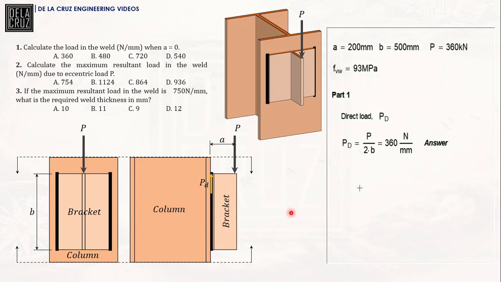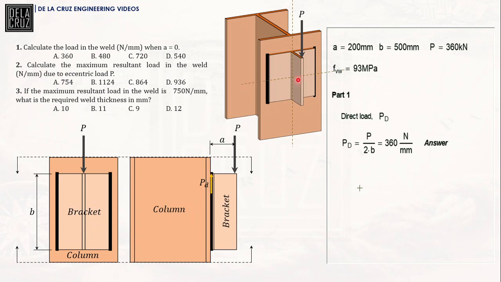The critical portion of the weld in this case would be at the farthest distance from the centroid of this weld group. So this is our PD, and look at this dimension. The centroid of this weld group will be needed.